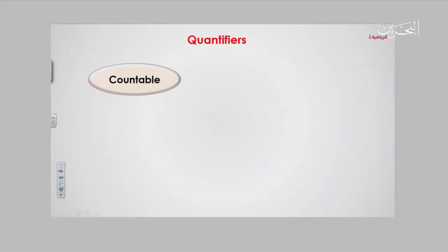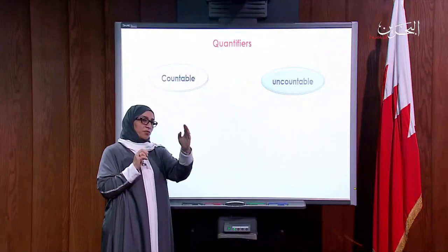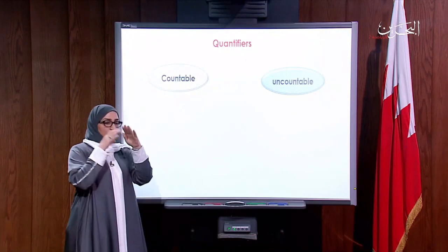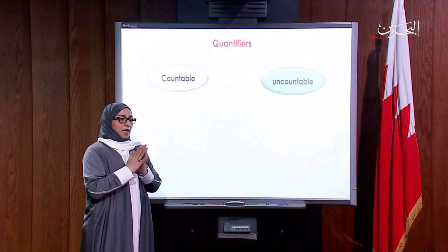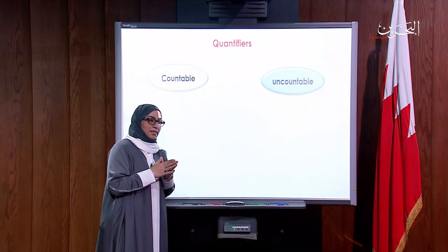Quantifier is something related to when you want to talk about the quantity of a noun, countable food or uncountable food, or any noun in general. Quantifier comes from the word quantity, which means the number, how much or how many.